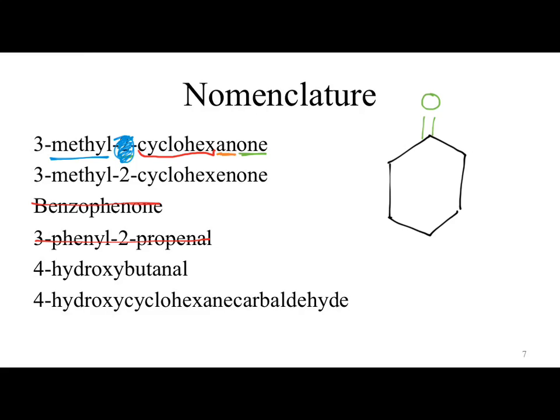Where's position 1? Where the carbonyl is, so there's position 1. I prefer clockwise, so we'll go 1, 2, 3, and we could add our methyl. And we now have 3-methylcyclohexanone. Okay? Questions about that? Okay, we'll come back to the 2 in just a second here.